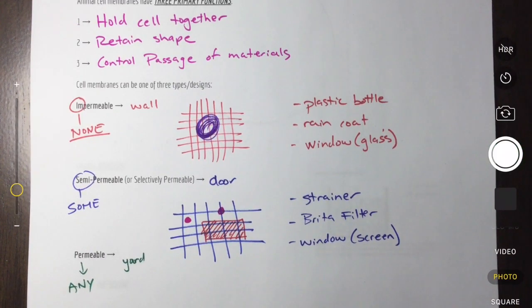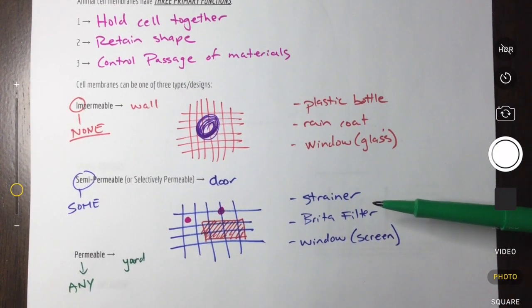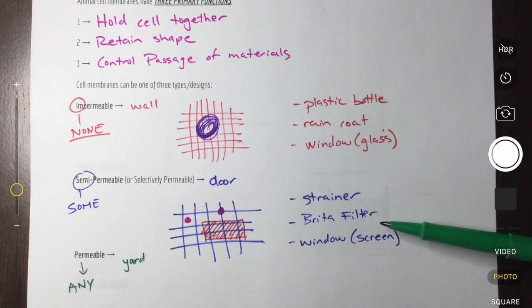If we think of semi-permeable membranes, these are things that, given the right size, shape, and direction, certain things can get through and certain things cannot. We might have something like a strainer or a colander. If I'm making something like pasta or rice, the water can filter through to drain out, but the rice or pasta is going to stay inside of the strainer or the colander. Something like a Brita filter, if you've used one of those.